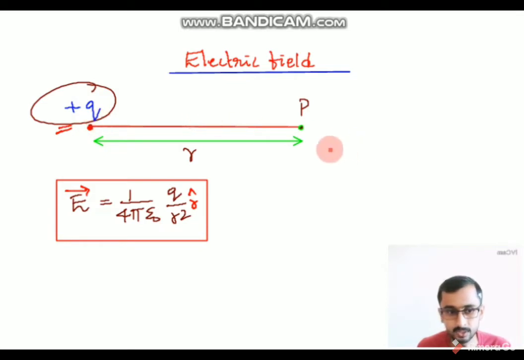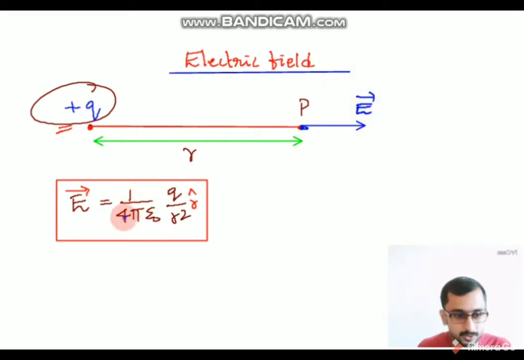That means at this particular point, the direction of electric field will be normally outward. So at this point, the electric field will be along this direction. So this is the direction of electric field.